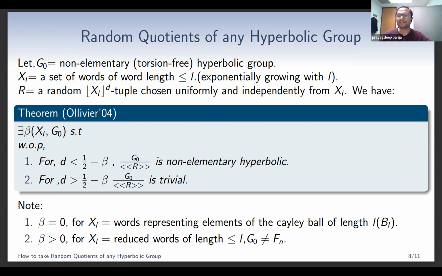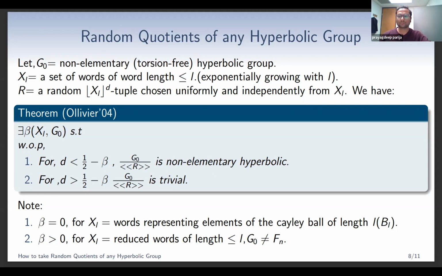They are the same in the case of free groups. They are different for a general hyperbolic group G naught. For the free group, words representing the elements of the Cayley ball are indeed reduced words. There is no difference. But for any hyperbolic group G naught, reduced words do not represent elements of the Cayley ball anymore.